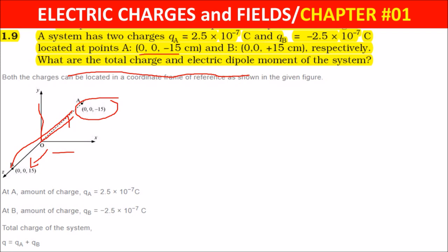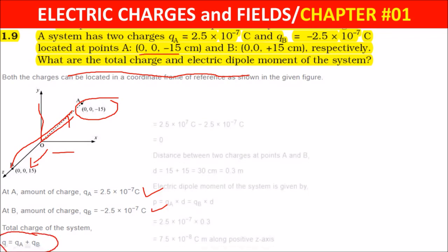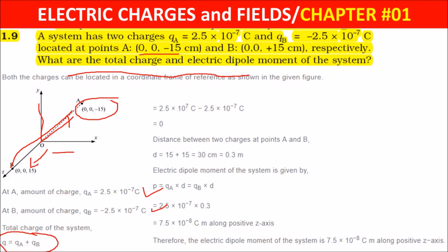The total charge of the system is QA plus QB. Both charges are opposite in nature, so the net charge is 0. The distance between the two charges is 15 plus 15, 30 centimeter, divided by 100, we get 0.3 meter.